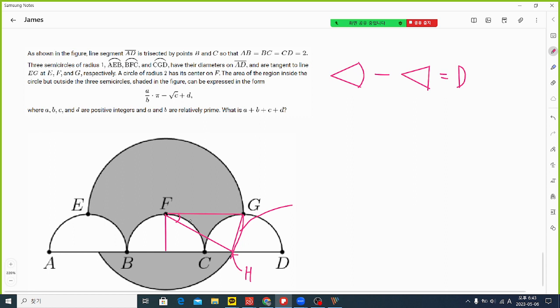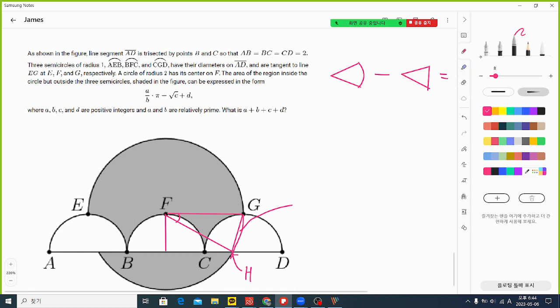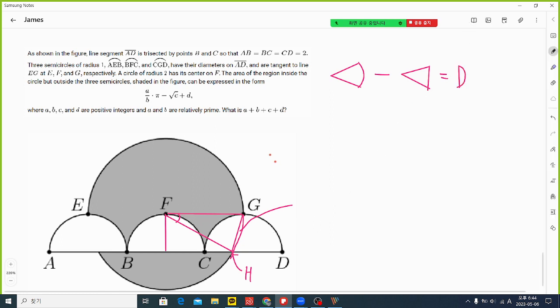Because the central angle is 30 degrees and the radius is 2, the area of a sector is 4 pi times 1/12th, because 30 degrees is 1/12th of 360 degrees. So that means pi over 3, 1/3 of pi.